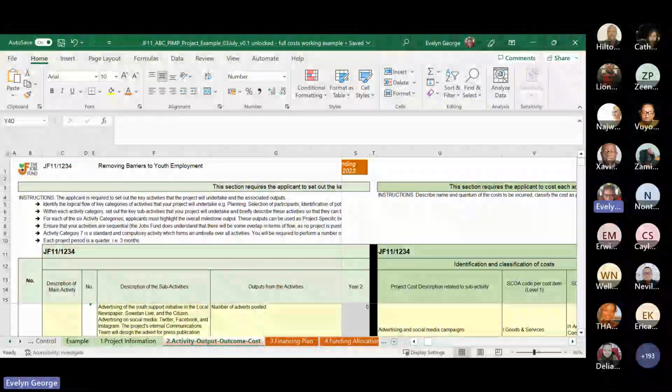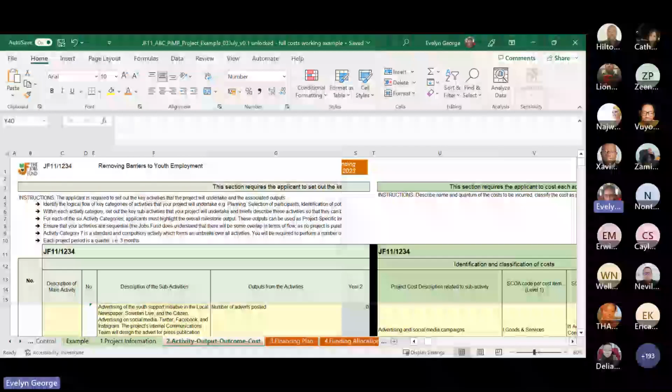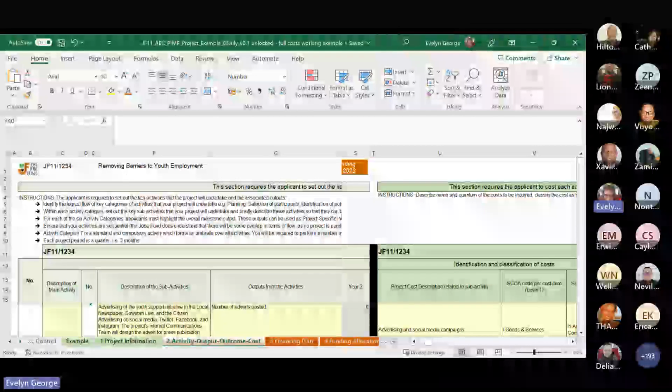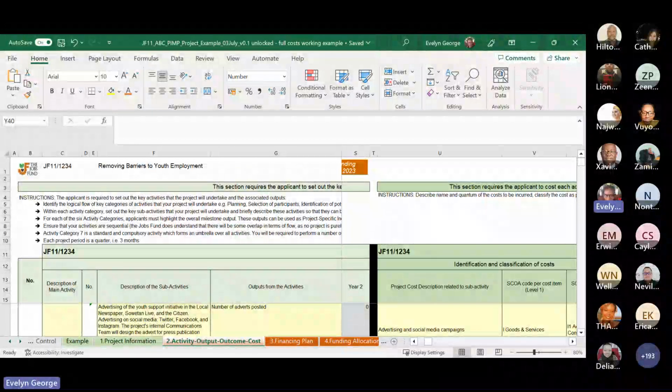So my colleague always says that it's basically the bank account. So what we do see here in the costing section, except for the in-kind costs, which isn't necessarily cash based, is wholly based on cash flows.